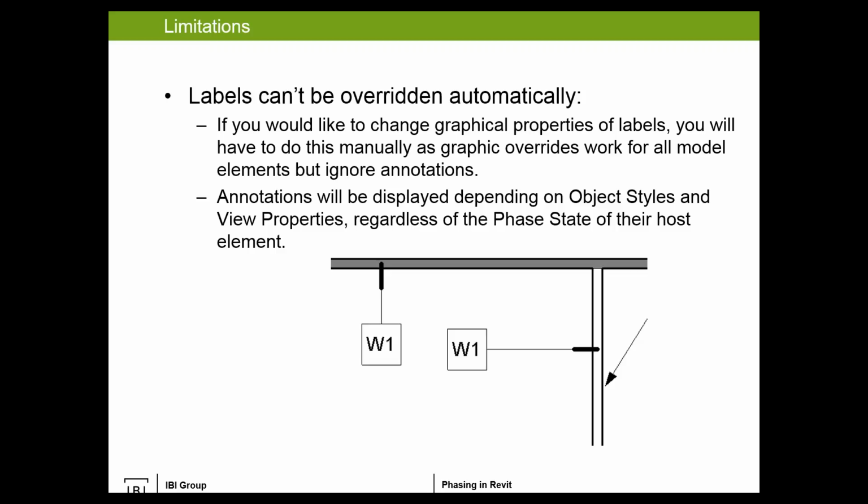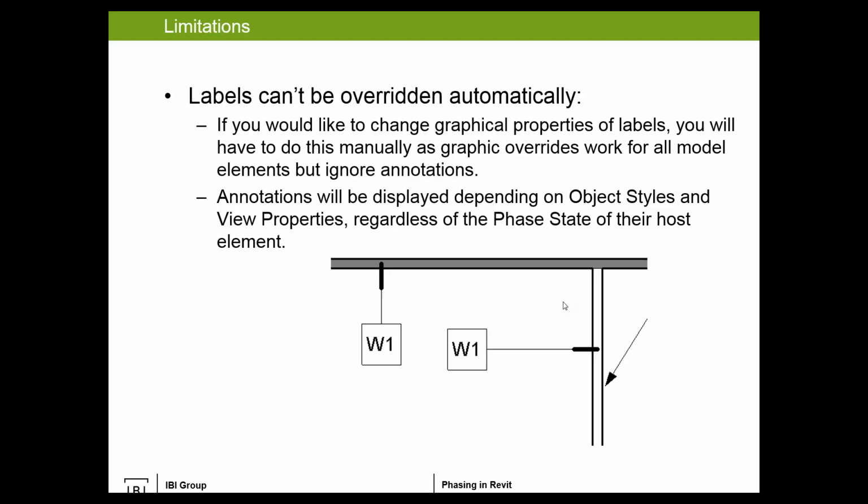So there are some limitations, unfortunately, when working in this manner. The first item that's caused me quite a bit of trouble in the past is that you cannot override the labels. Even if you're overriding the items themselves, as you can see here, this is not a manual override, right? It is overridden by phase properties.